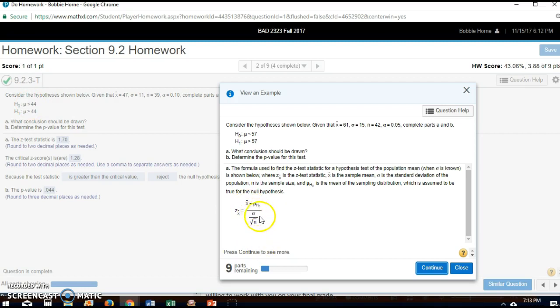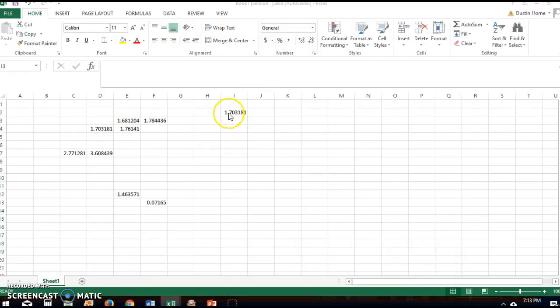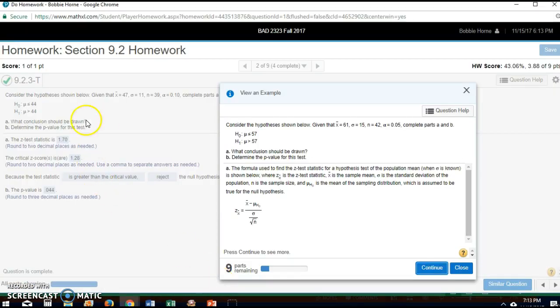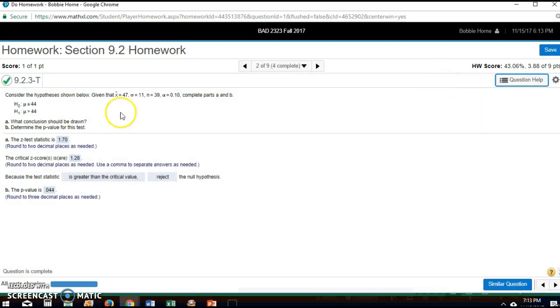Now, to do the bottom part, you would put it in the calculator. You would do the standard deviation, 11, divided by the square root of n, which is 39. So I went ahead and did this in Excel just because I wanted to show you, and I don't have a calculator in front of me. Here's the 3 divided by 11 divided by the square root of 39. So you could do that, and you would get 0.170, which is what I have here for my z-test statistic.